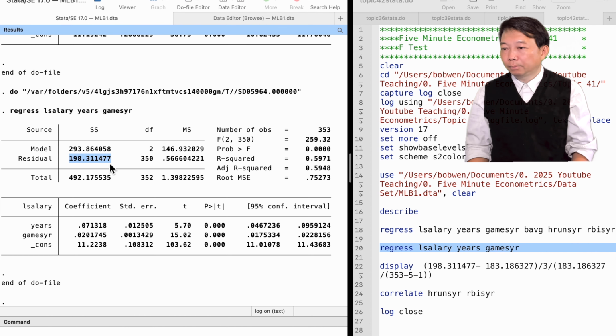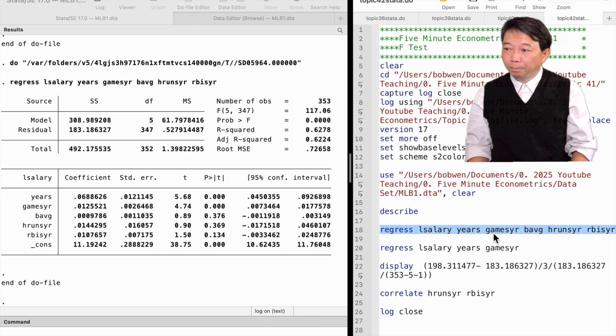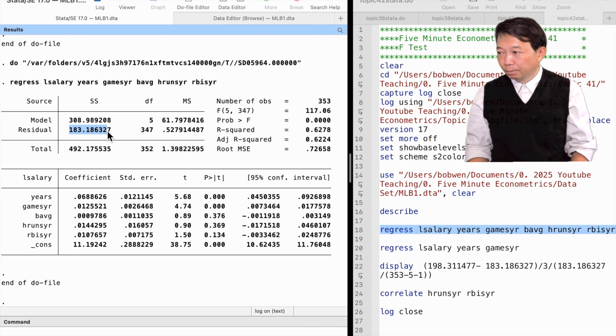In our example, the sum of squared residuals from the restricted model is 198, and that from the unrestricted model is 183.